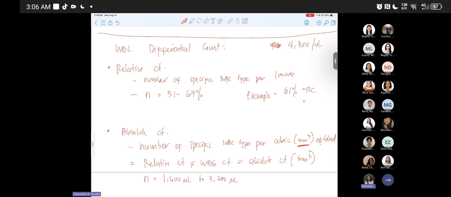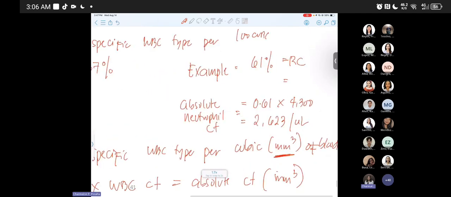So ang absolute neutrophil count is equals to relative count 0.61 times 4,300. So ang result is 2,623 per microliter. So ito yung absolute neutrophil count.